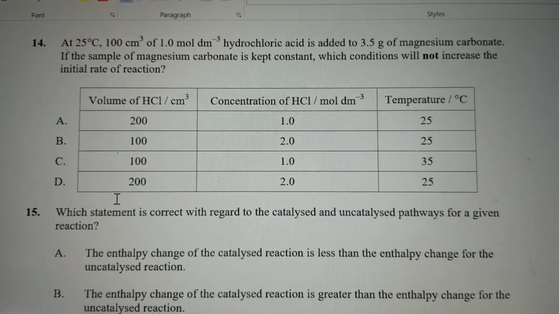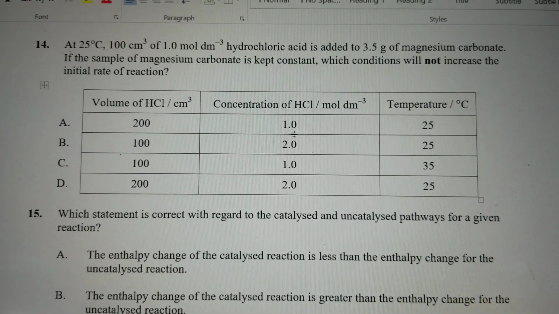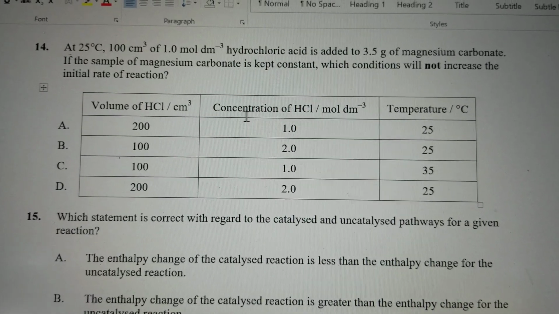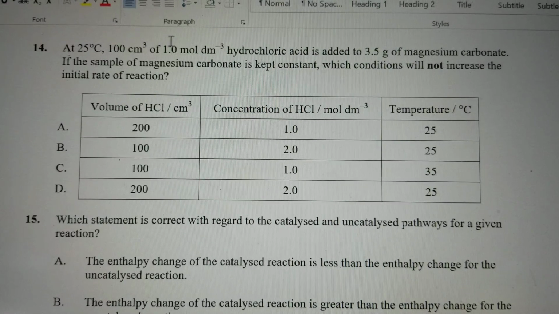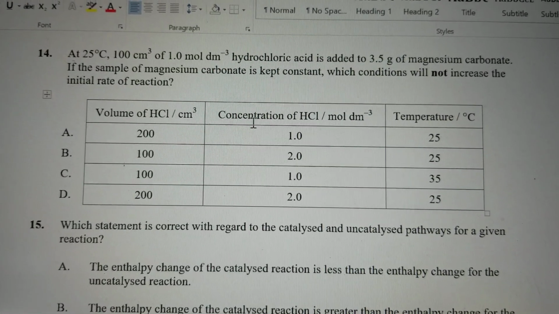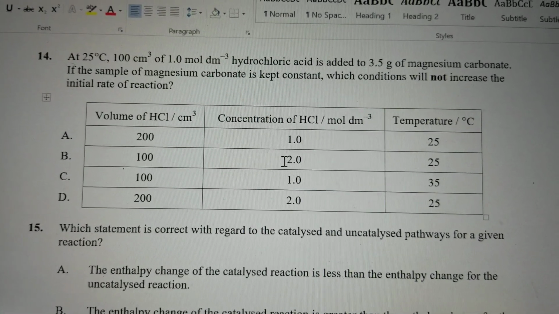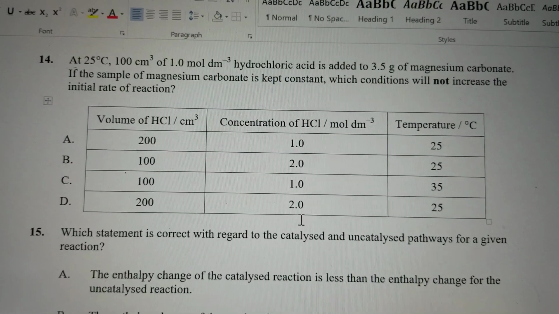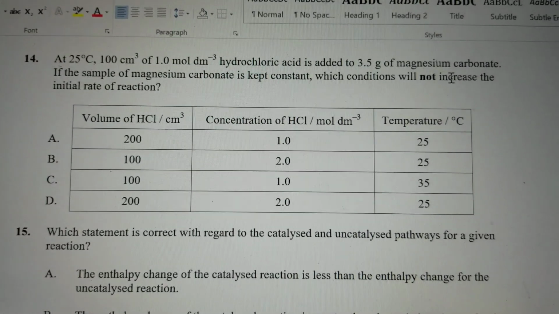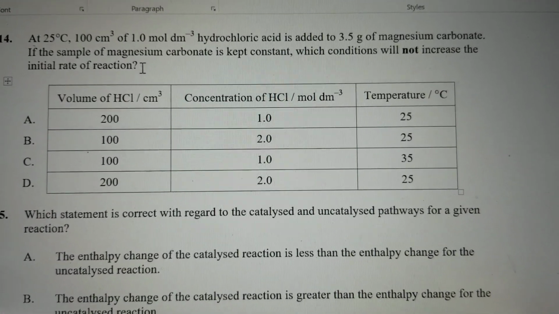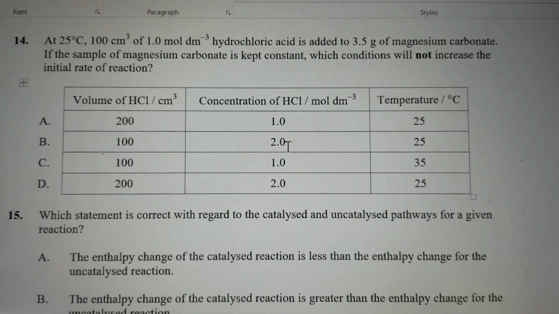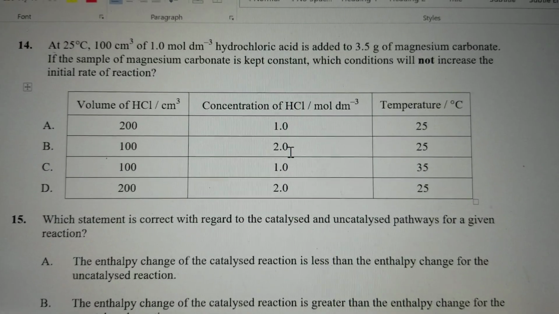So I want you guys to see that if you increase the concentration, then that is going to potentially cause, let me see, what does it say? Will not increase. So we're looking for the one that will not increase. Increasing the concentration is definitely going to increase the rate.